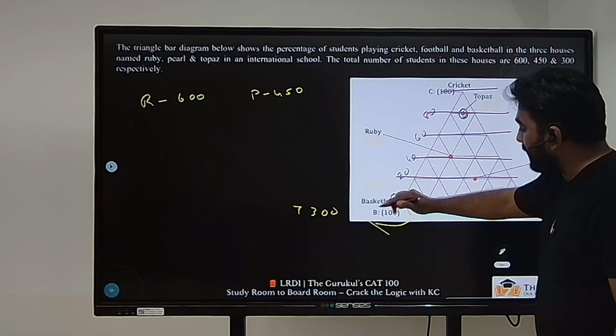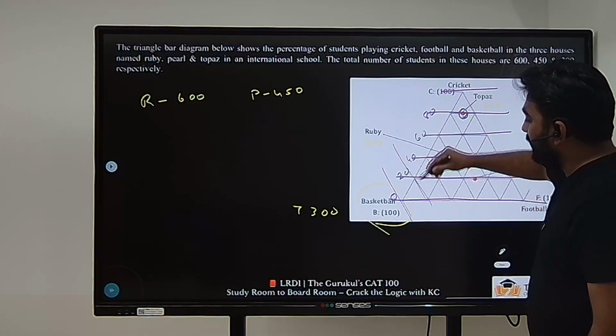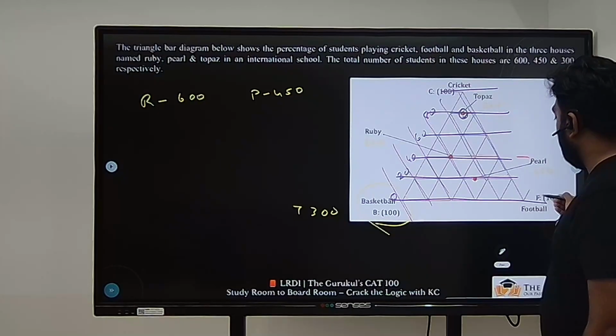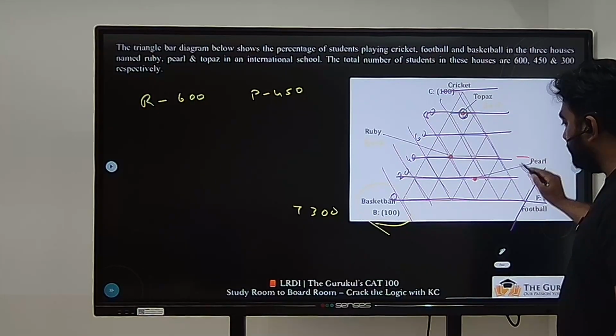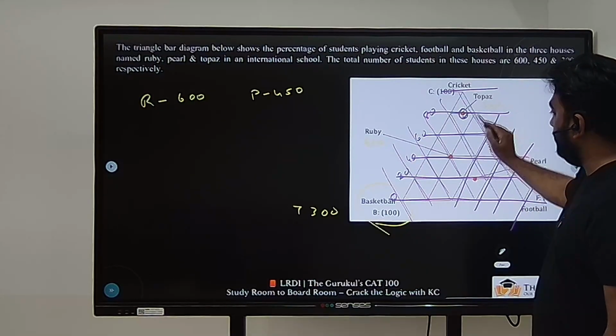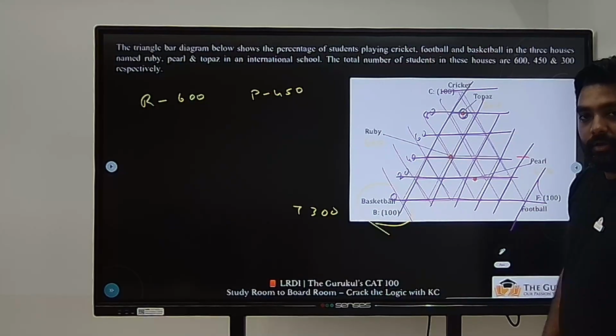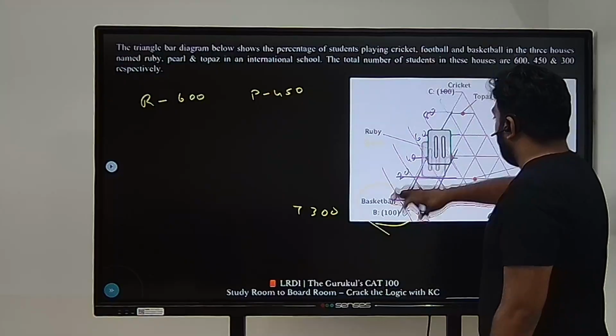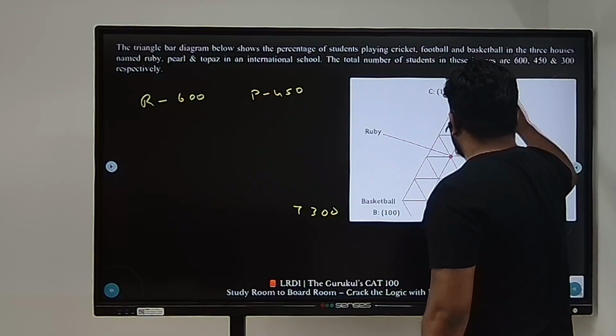When I'm looking for basketball, this will be 100, 80, 60, 40, 20 and 0. If I'm looking for football, 100, 80, 60, 40, 20, 0. That is how we calculate the values. Now let's see what is happening one by one. Then you'll have a better understanding.